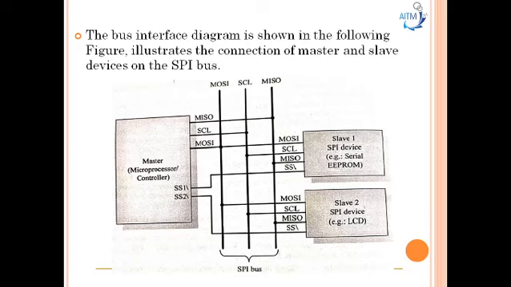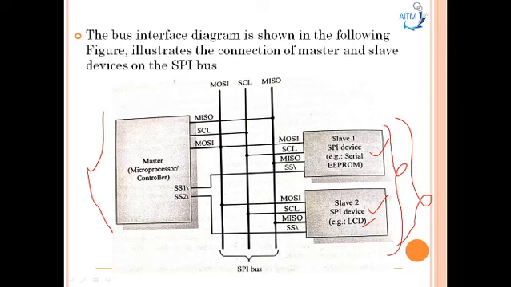This figure illustrates the connection of master and slave devices on the SPI bus. Here we can find only one master device, then we have multiple slave devices. In this example we have two slave devices, slave 1 and slave 2. Slave 1 is a serial EEPROM and slave 2 is an LCD. All these slaves act as subsystems to the system.